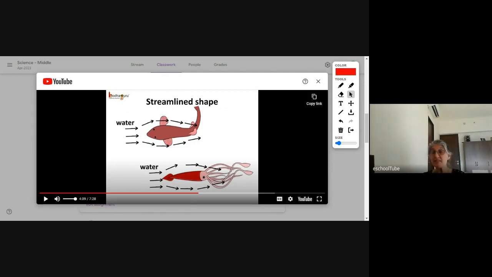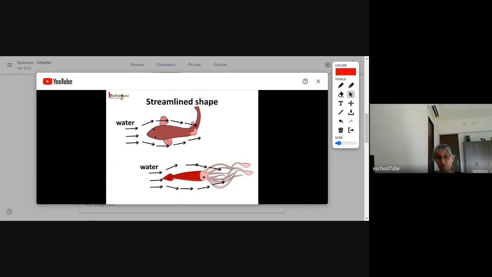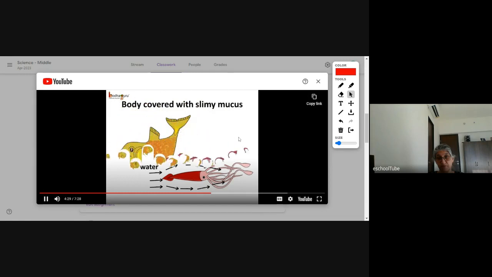So now see the other adaptation. How do they move so fast? The fishes, octopus, squid, and many other aquatic animals have streamlined shape. That is, it is rounded in front and narrow in the back. This shape reduces the water resistance and they can swim through the water easily.